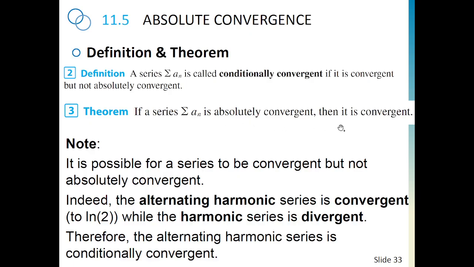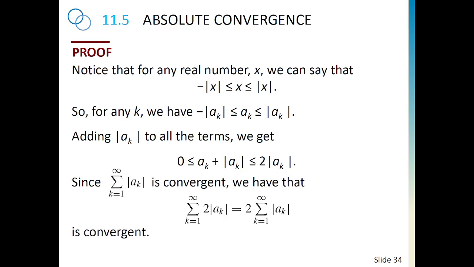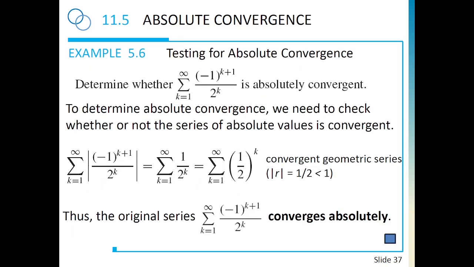So the original series that is maybe alternating or mixed sign will be convergent as well. So this is very powerful. If we can prove that some series is absolutely convergent, that series is automatically convergent itself. So sometimes we will use this tool of absolute convergence, because sometimes we just don't have any other choice.